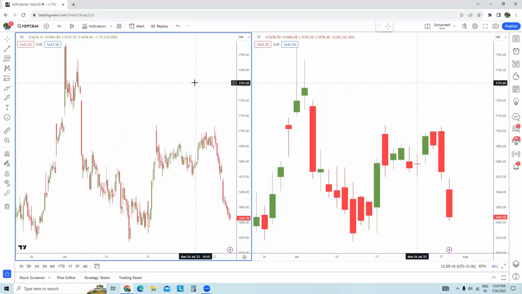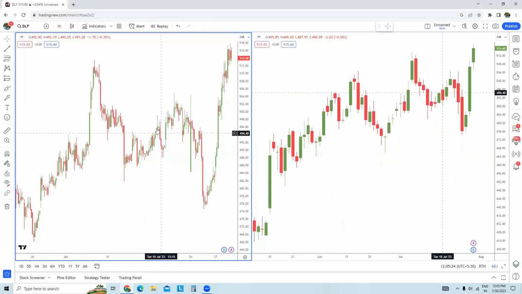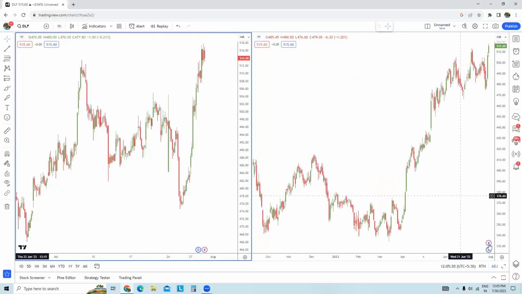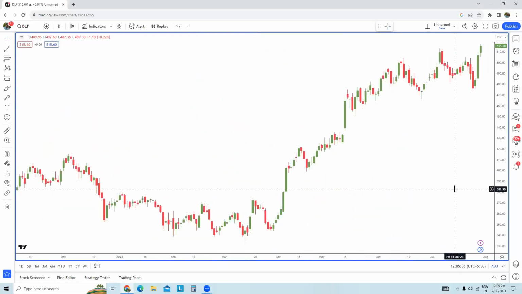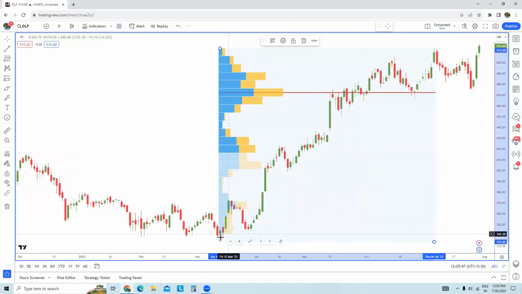All right, let's have a look at one more stock. Let's have a look at DLF. If you are a positional trader, who wants to trade for a period of 3 to 4 months or maybe even 6 months, obviously you're going to take into consideration a lot more data. What you need to do is plot the volume profile from the lowest point to the highest point, and you will get the information that this is the zone.